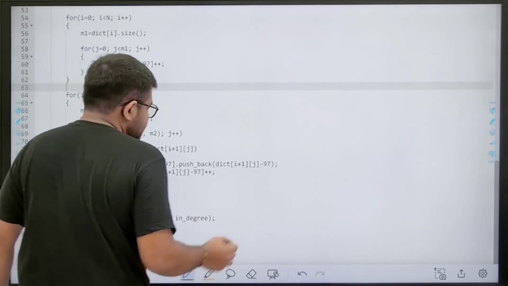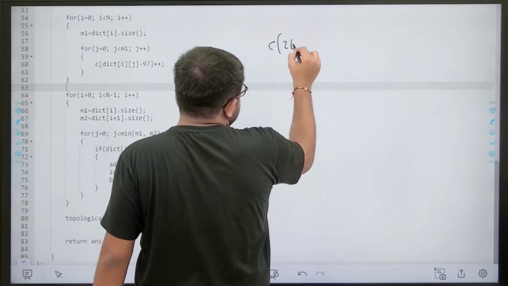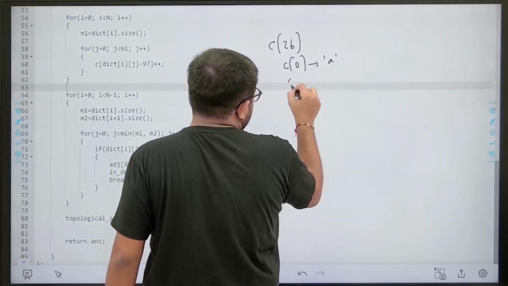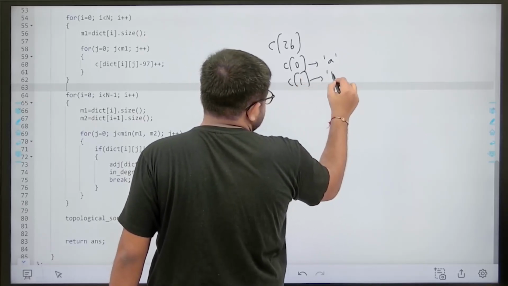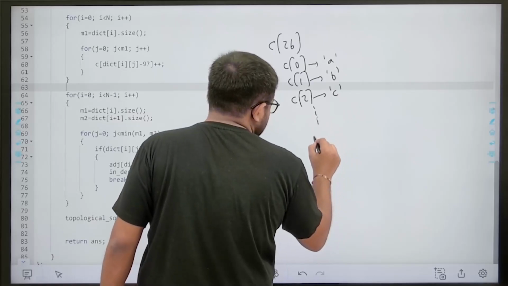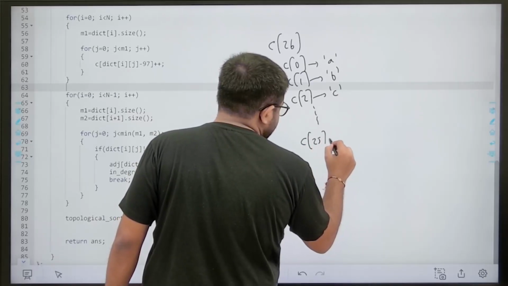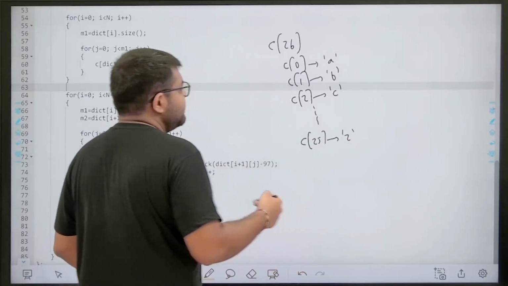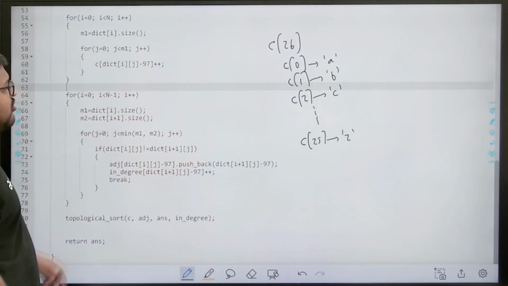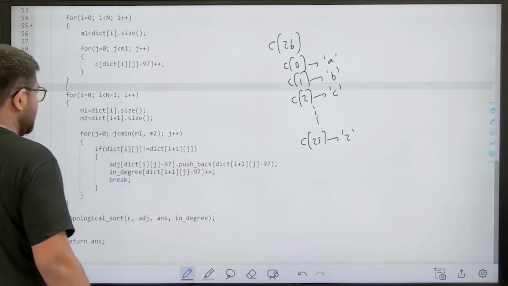So basically, counter of 0 will represent the count of small a, counter of 1 will represent the count of small b, counter of 2 will represent the count of small c, and so on. Counter of 25 will represent the count of small z in the given words. Okay, so that's why I have to do minus 97 in order to get the indexes between 0 and 25.